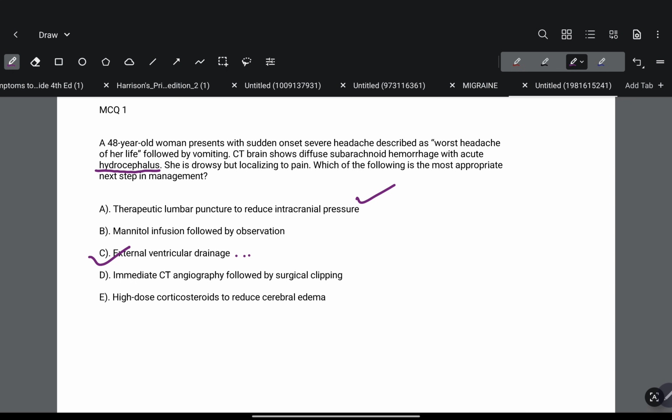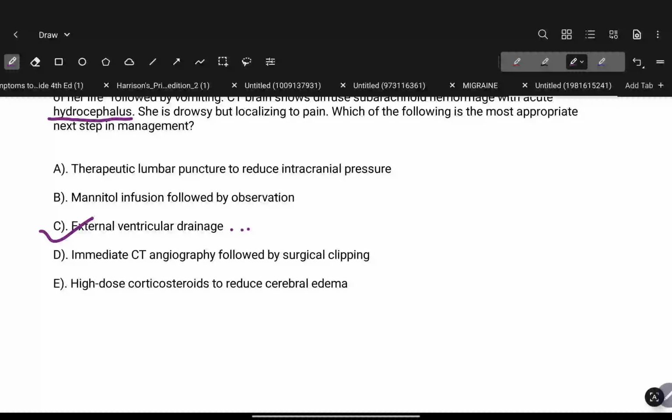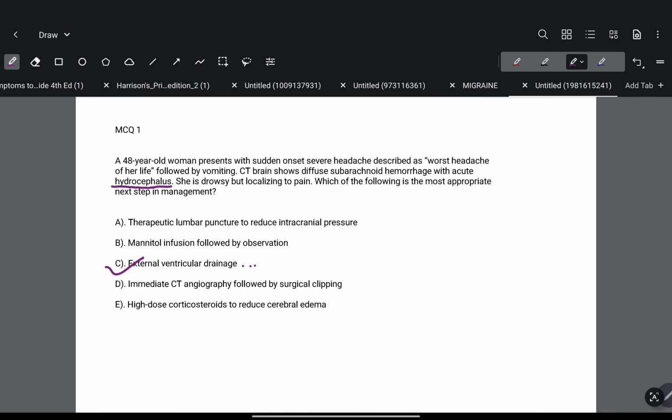And if the patient is drowsy and we don't know the osmolarity, we cannot blindly infuse mannitol, nor go for immediate CT angiography followed by surgical clipping. For reducing the raised intracranial pressure, the best way is external ventricular drainage. And high dose corticosteroids are of not much use.